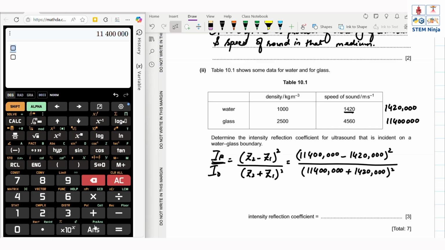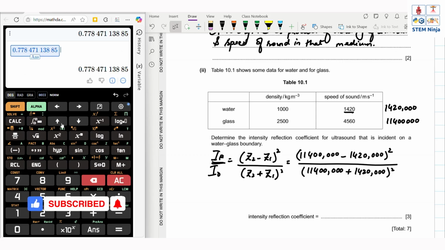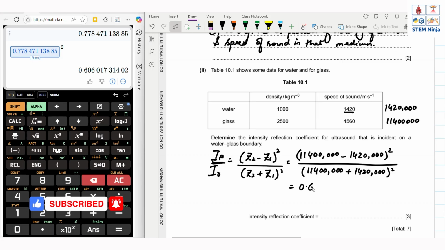So answer minus 1,420,000, and then answer plus 1,420,000. Once we get this, all we have to do is to square the answer. We get 0.606, which is 0.61.